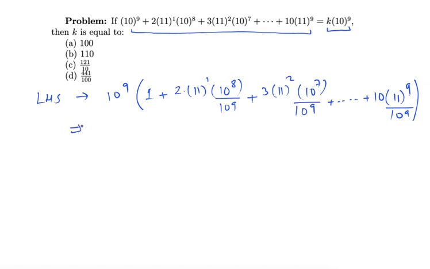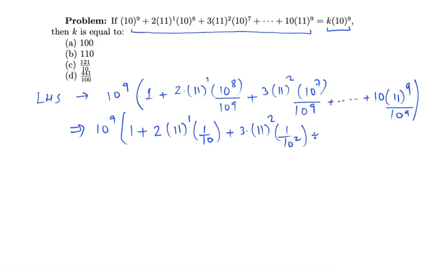Okay, let's take this further. This becomes 2 into 11 to the power 1. Now 10 to the power 8 cancels out, so this is 1 upon 10 plus 3 into 11 squared, again 10 to the power 7 cancels out, so 1 upon 10 squared, and this goes till 10 into 11 to the power 9 upon 10 to the power 9.